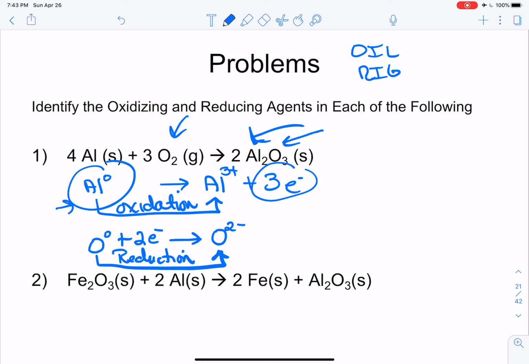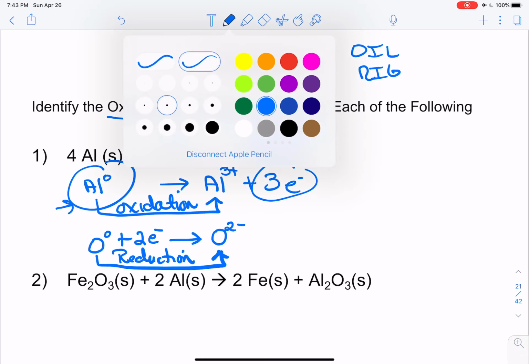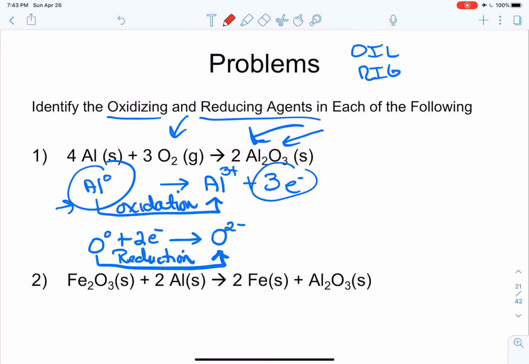Now, the question asks us to identify the oxidizing and reducing agents. Before, we said this is kind of weird because it sounds opposite of what we think it should be. But whoever's being oxidized, which is the aluminum right there, is giving away electrons.